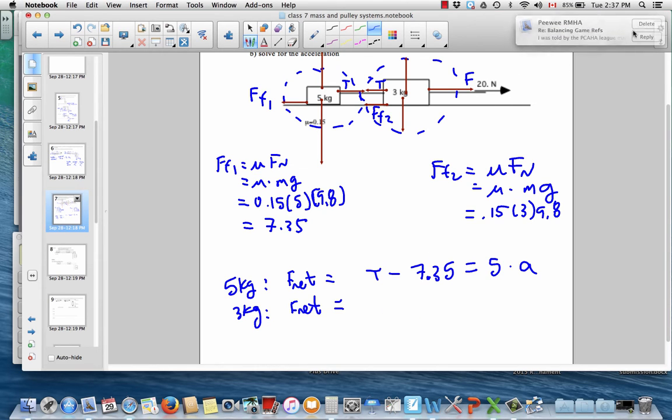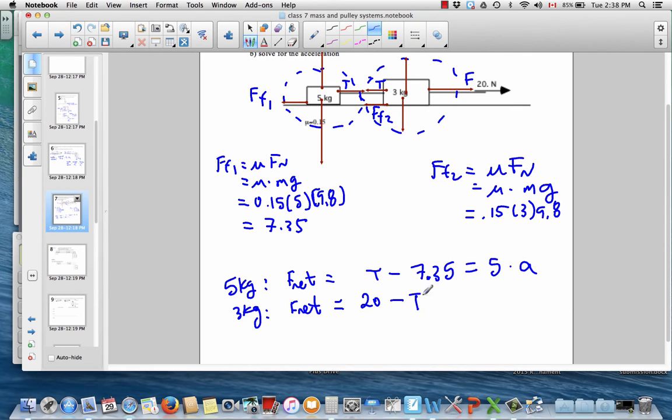So what is the net force on this mass? Well, again, it accelerates to the right. So the force to the right must be the larger one. So that's this applied force of 20 newtons. And then, I'm just not putting units in here to make it easier. Then we subtract the forces to the left, which is tension.